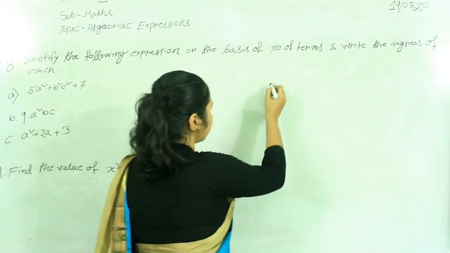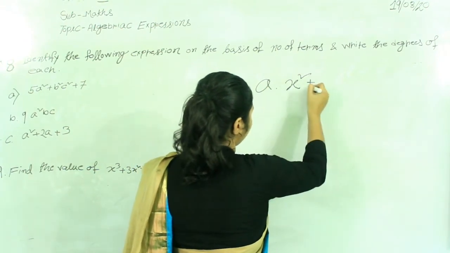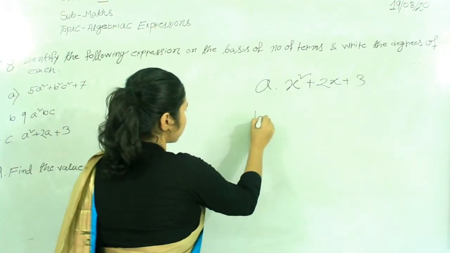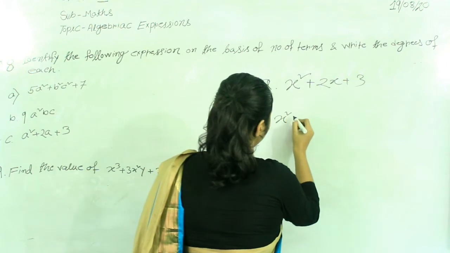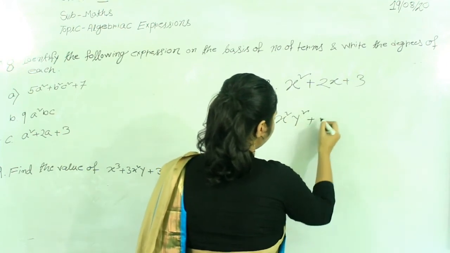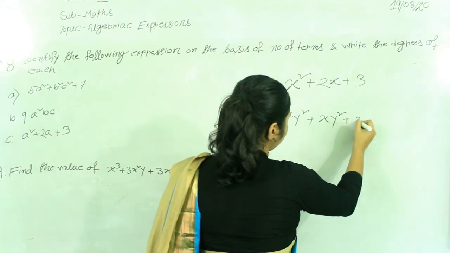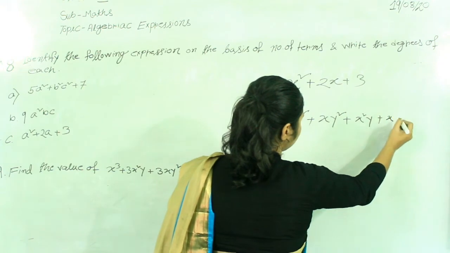Now look at these two expressions. Suppose x square plus 2x plus 3. Consider another algebraic expression: x square y square plus x y square plus x square y plus x.